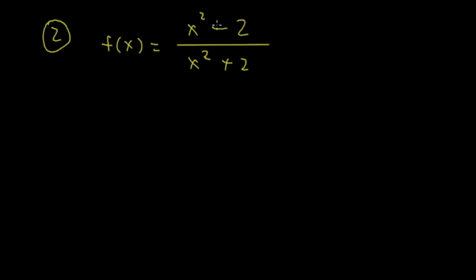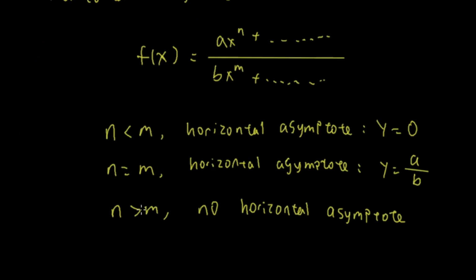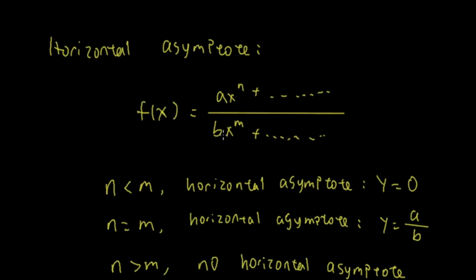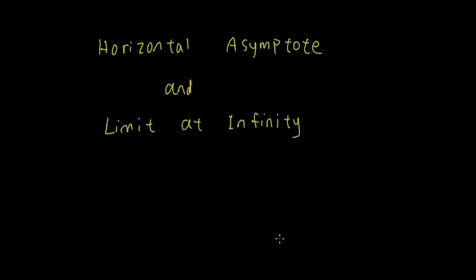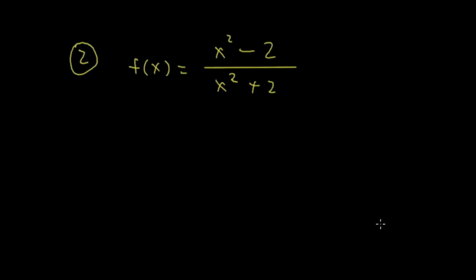The highest degree of power in the numerator is 2, which is the same as the highest degree of power in the denominator, and that is this situation here. Then the horizontal asymptote will be the leading coefficient divided by the leading coefficient, a over b. In this case, the leading coefficients are 1 and 1, so it's 1 over 1. So the horizontal asymptote is y equals 1.